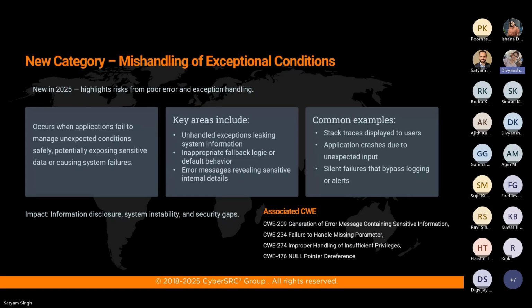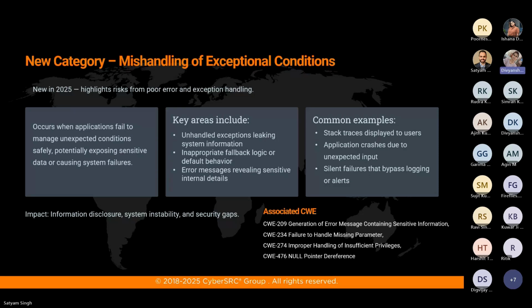When you input something and it shows something different, which it should not show. This category focuses on what happens when those conditions are not handled safely, leading to potential data exposure, crashes, or sometimes unpredictable behavior that shows internal things of the system, the software, or the application.